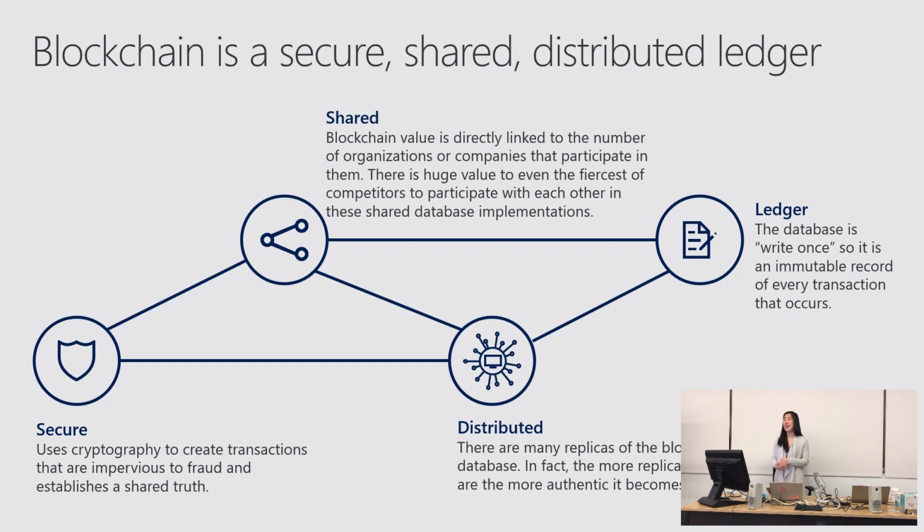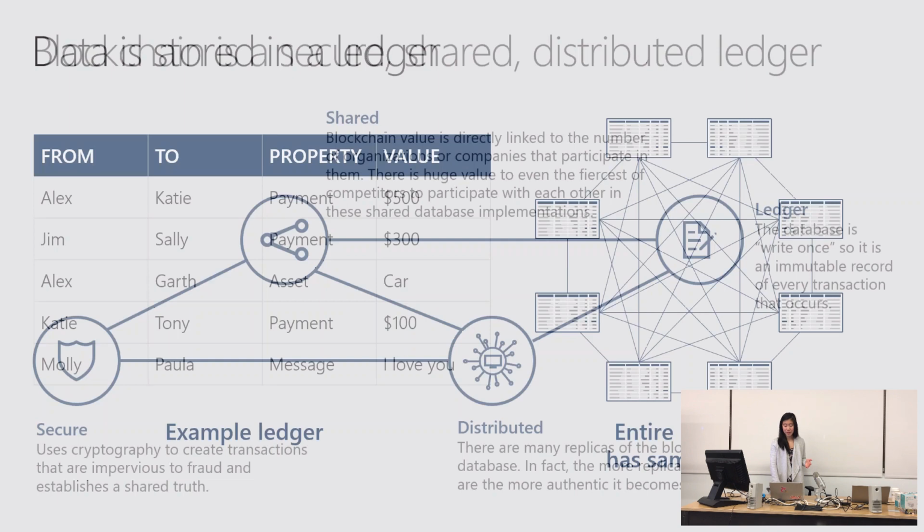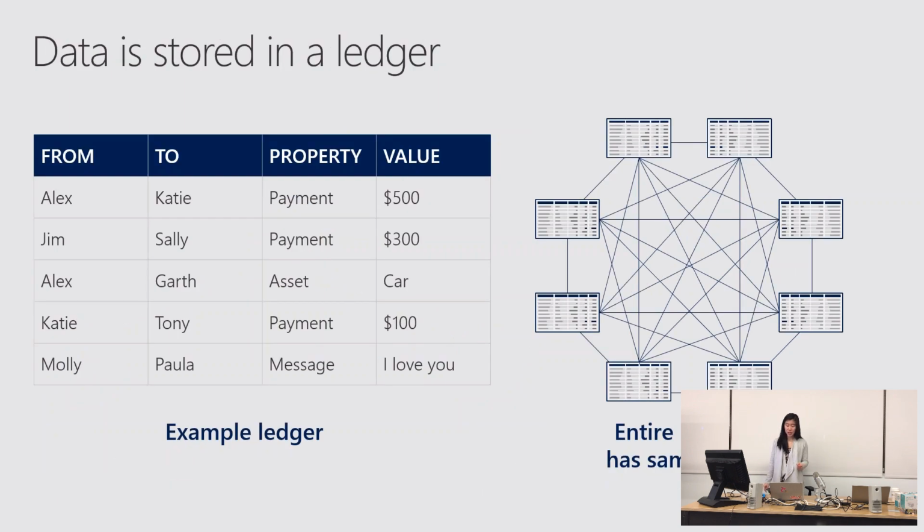A ledger at the very core is like an accounting ledger. It's basically a write once, read many times database. You write a transaction into the ledger and you can't erase or edit it. If you write something incorrectly, you have to go back and write a corrective entry. You can store a number of things in a ledger.